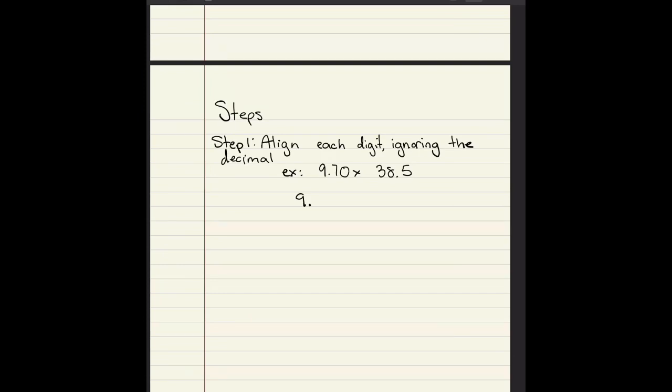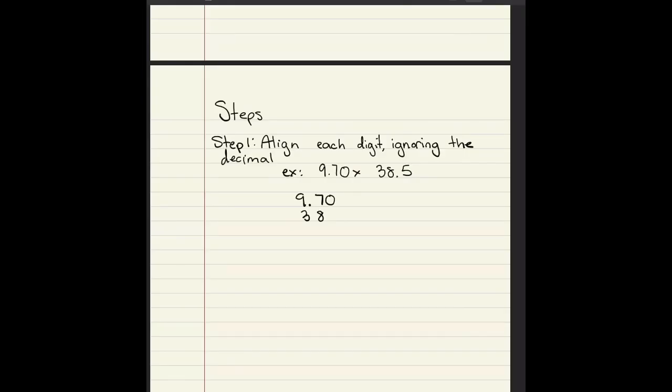I'm ignoring the decimal, sorry. I'm going to make sure to include the decimal when I write it out. So I have to include it, but I'm not going to line up the decimal like I did in the last lesson.